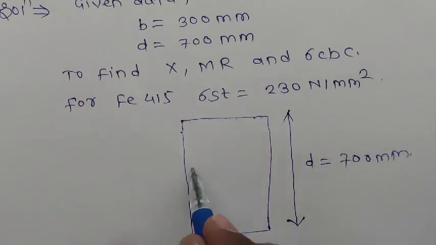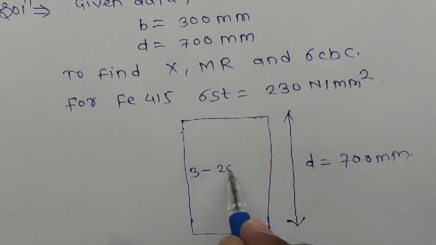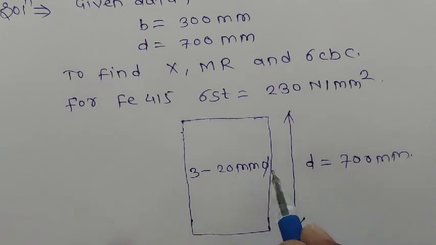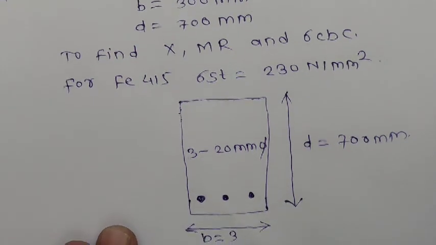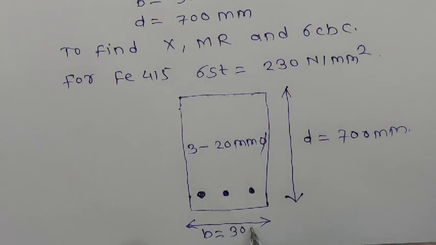Then the 3 bars of 20 mm diameter. Width is 300 mm. This is the figure.